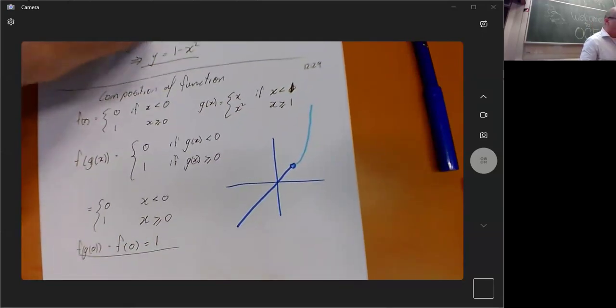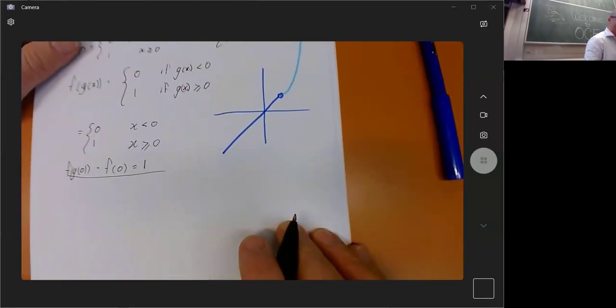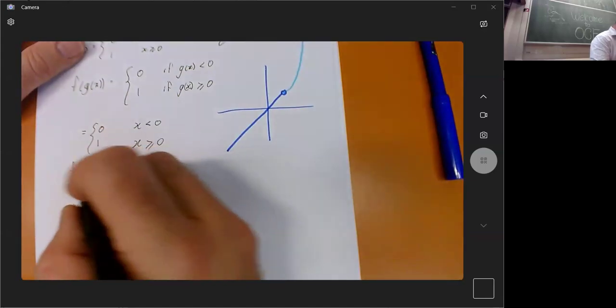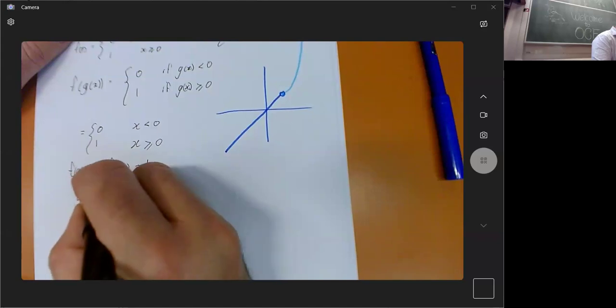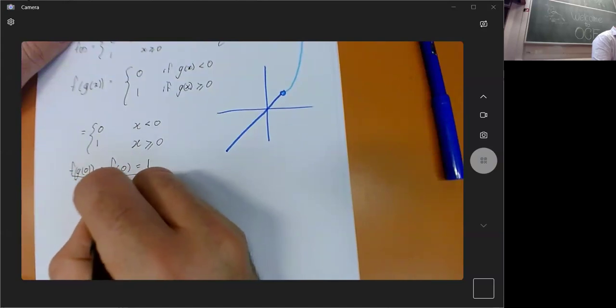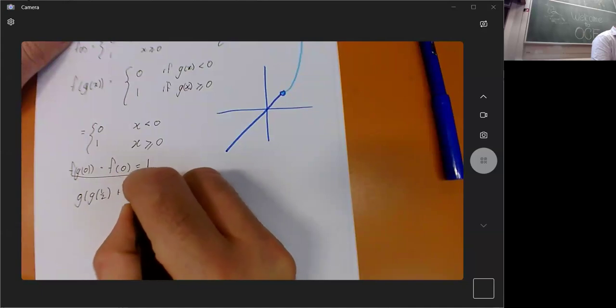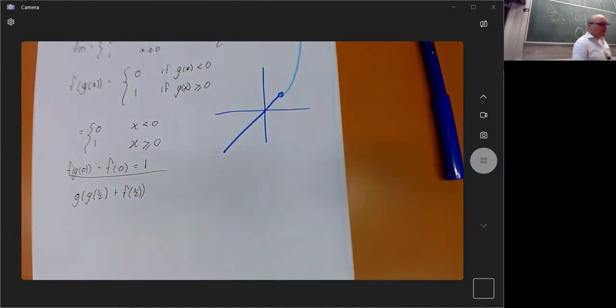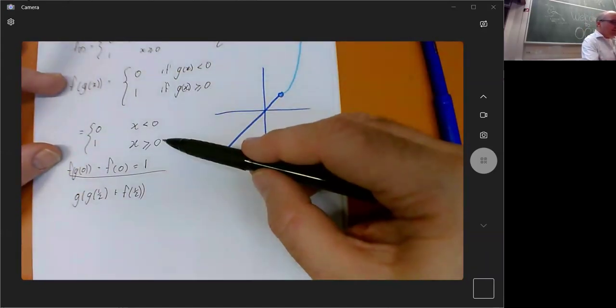The next one, I'm going to write this in here. So this would be difficult. The next one said g of a half plus f of a half. So this one we can do as a function.